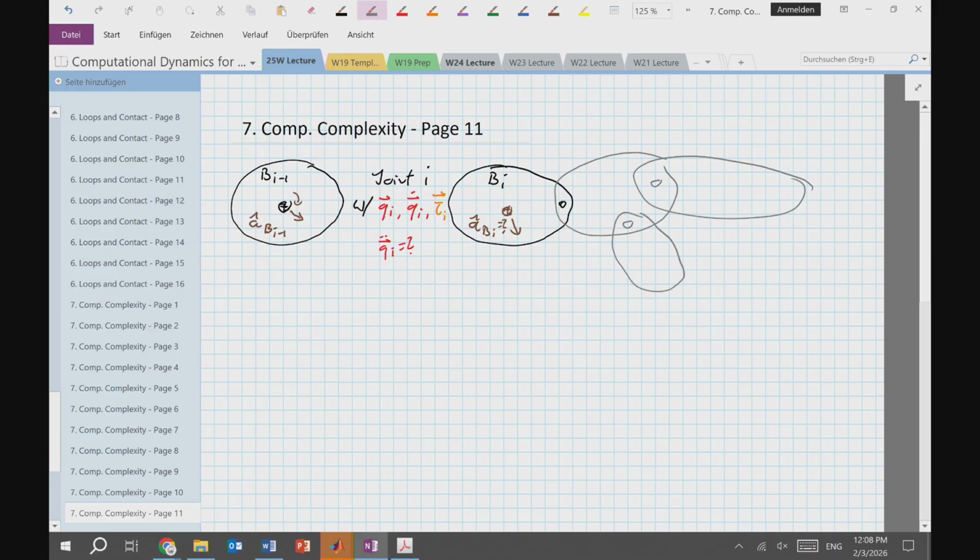So it is a handle in the sense of an articulated body. It's a handle of this entire subsystem that sits behind. And what I also assume is that I know the articulated inertia and the bias forces of that body. And all of that is given in BI coordinates.